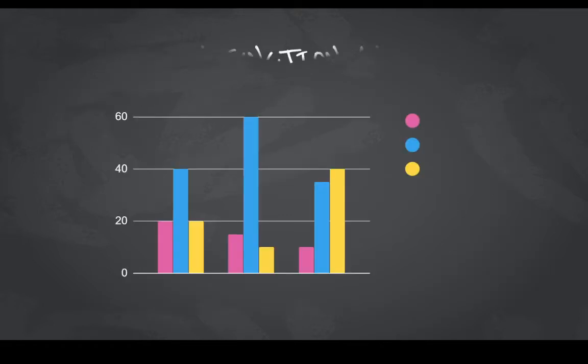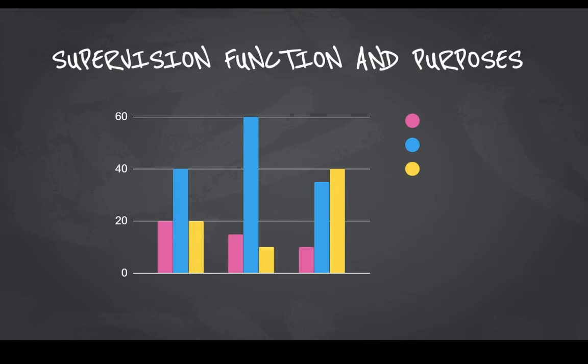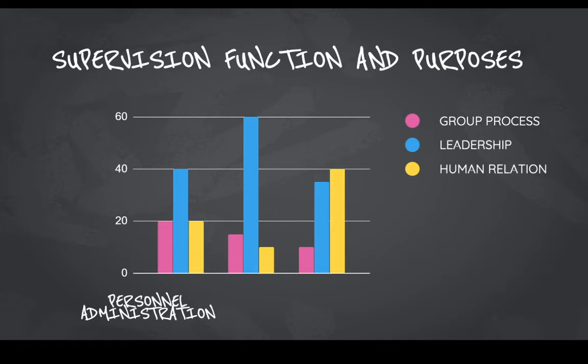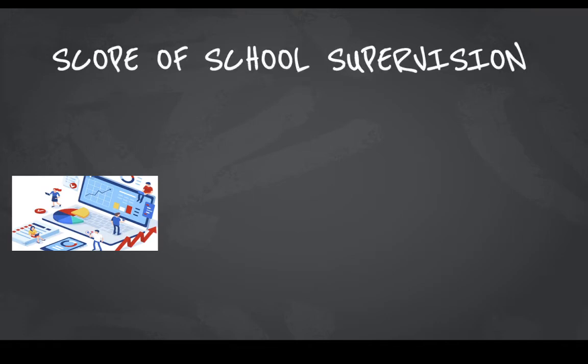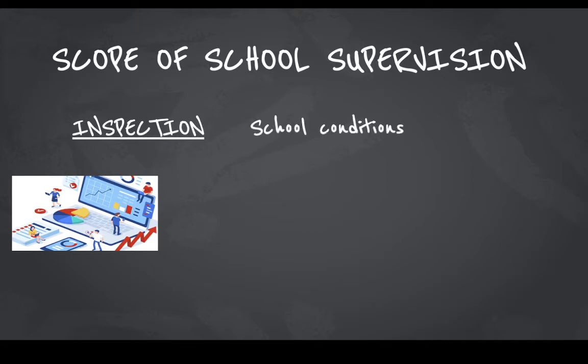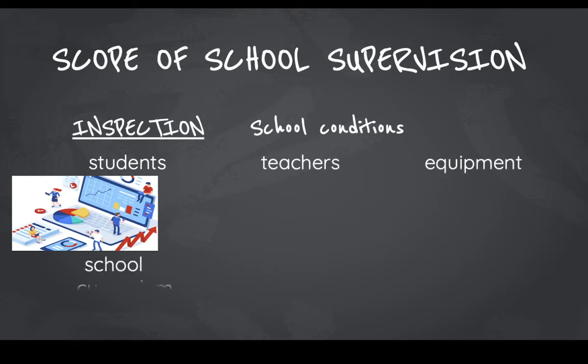Supervision functions and purposes have the following: group process skills, leadership skills, human relations skills, personal administration skills, and evaluation skills. The scope of school supervision includes inspection of school conditions to discover the problems or defects of the students, the teachers, the equipment, the school, the objectives.